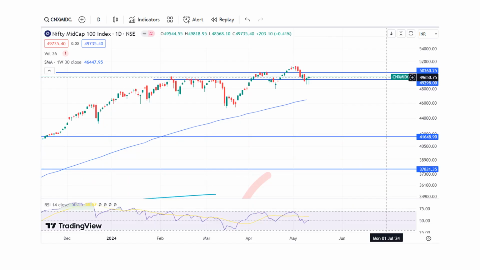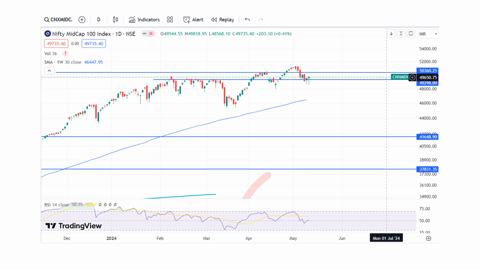And if you look at the chart, I told you that since it is above this resistance, or let's say the support level, mid caps aren't that weak compared to small caps. We'll go to small caps, but what I'm saying is mid caps aren't that weak because they had broken it for just one single day, and the next day itself they went above that level of 49,298.